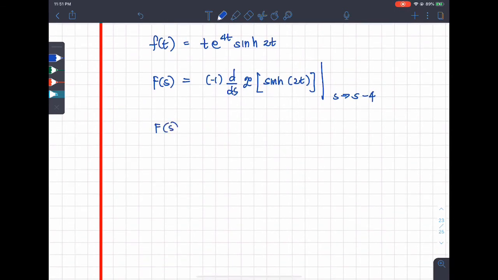So our F of s then would be negative the derivative of, for hyperbolic sine, 2 all over s squared minus 4, and then shift it afterwards to s minus 4.